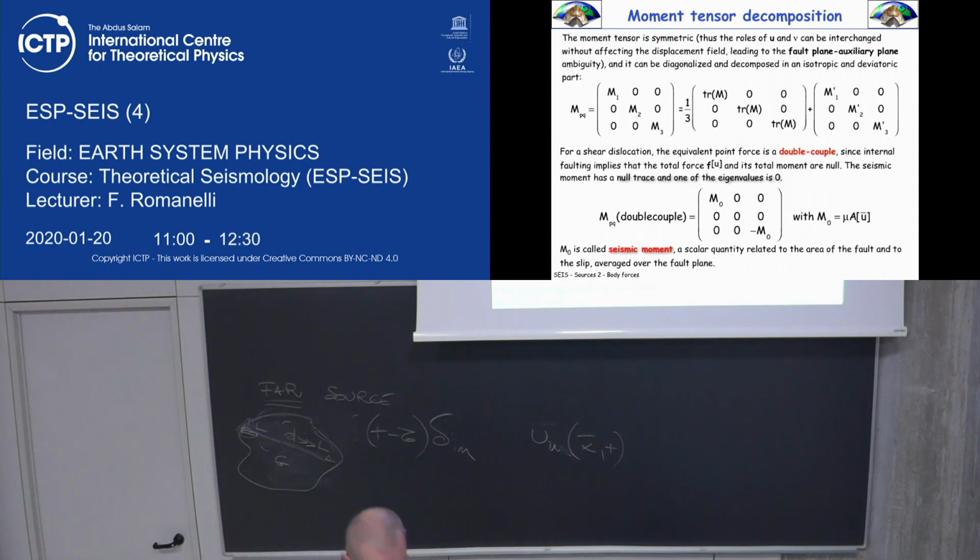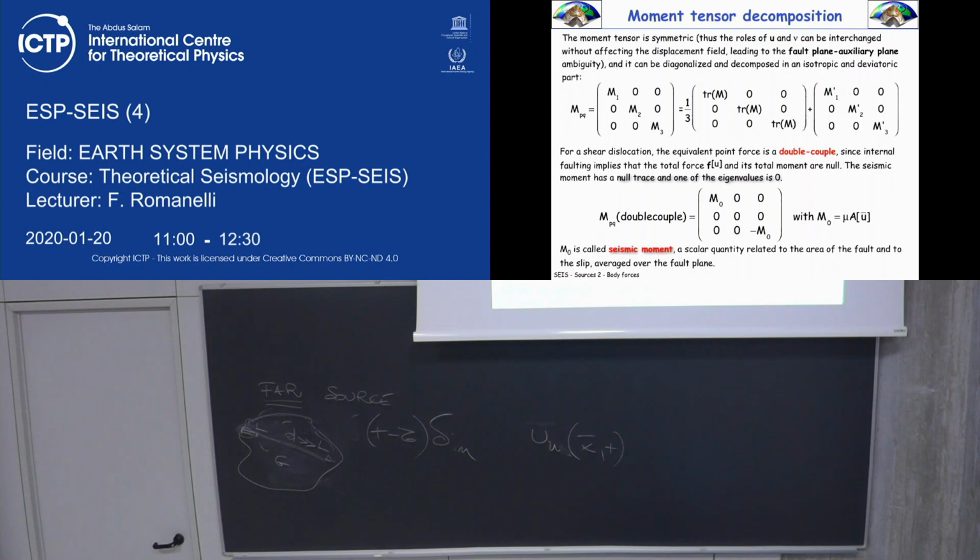Wait a second, because if the source is internal, not only the forces have to be zero, but also the total moments have to be zero. So, actually, when we consider a point source, internal source, okay, the trace has to be zero, and one of them has to be zero. Why?